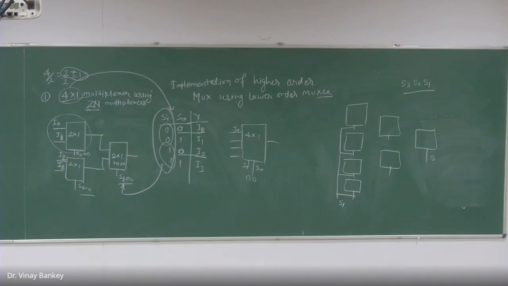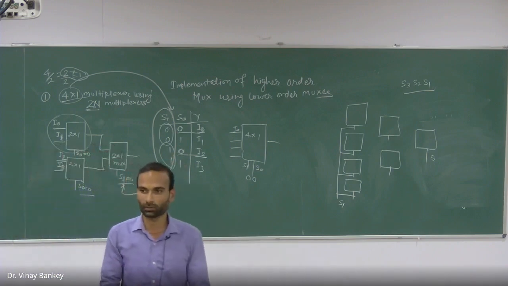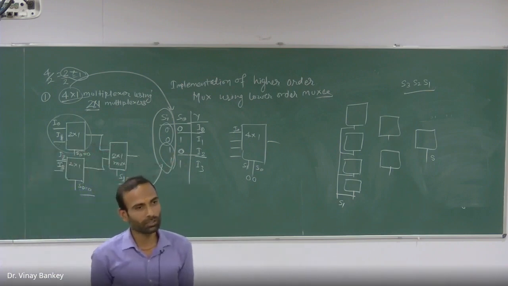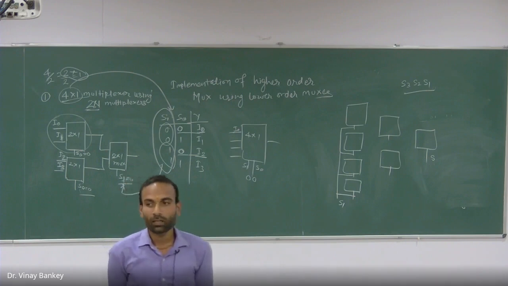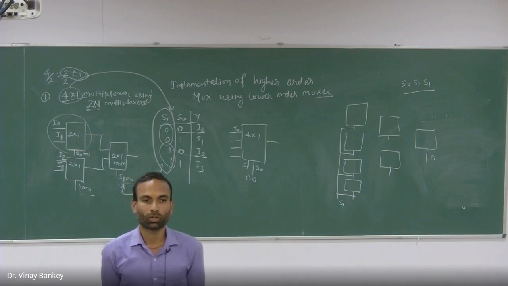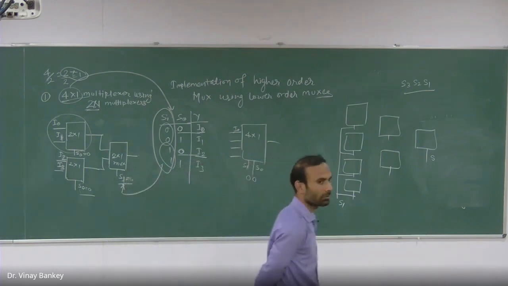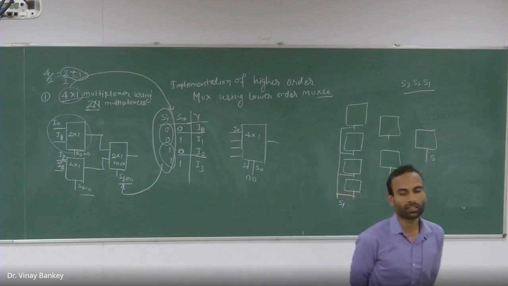So the next question is implement 8 cross 1 multiplexer using 4 cross 1 multiplexer. Is it possible? So first of all, the question is how many multiplexers will be needed, and is it possible or not?